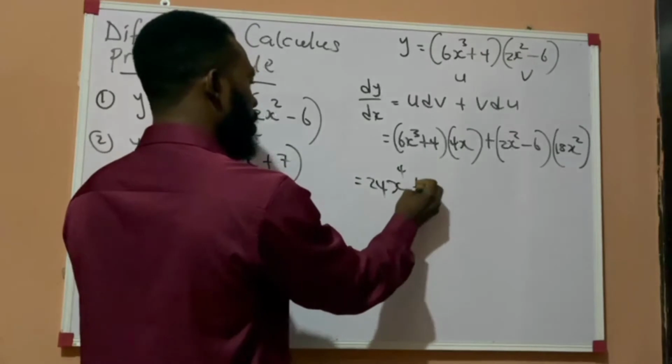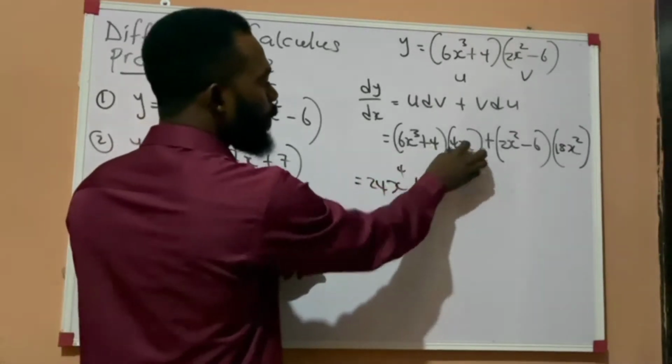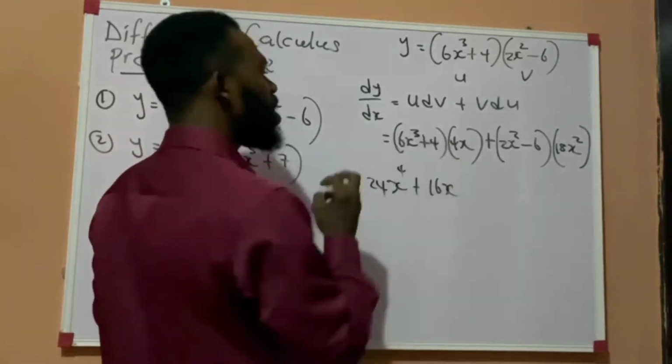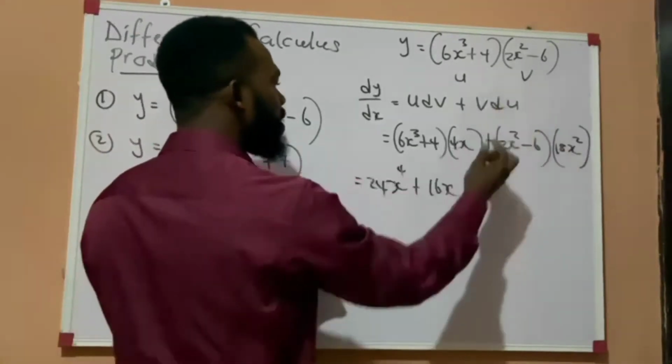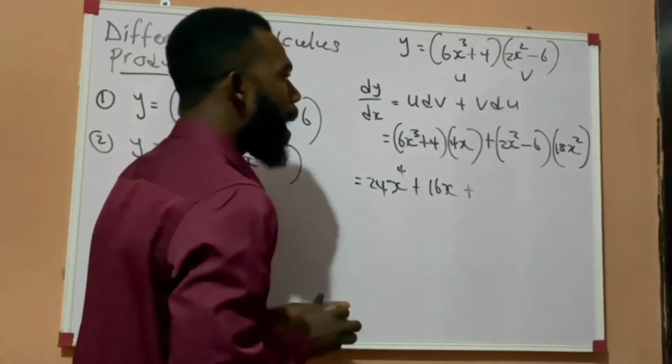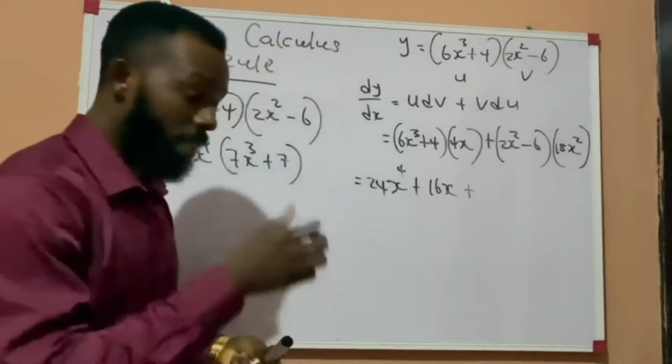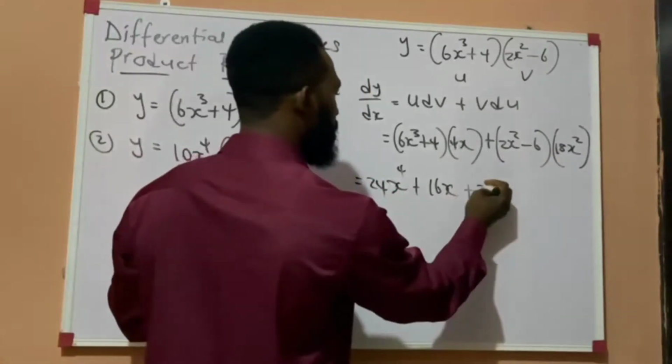Plus 4 times 4x gives us 16x, because 4 times 4 is 16. Now we've opened this bracket, let's open the other. Plus 2 times 18 gives us 36.